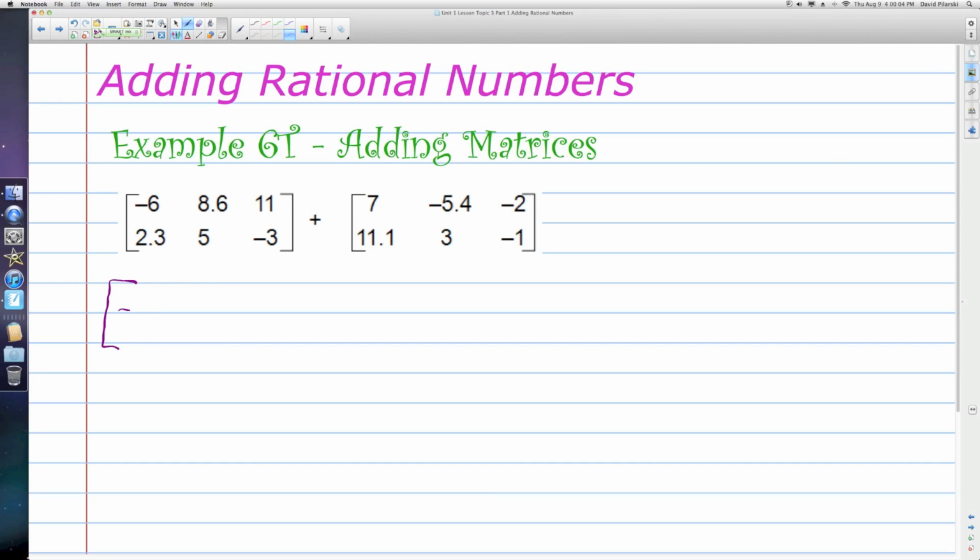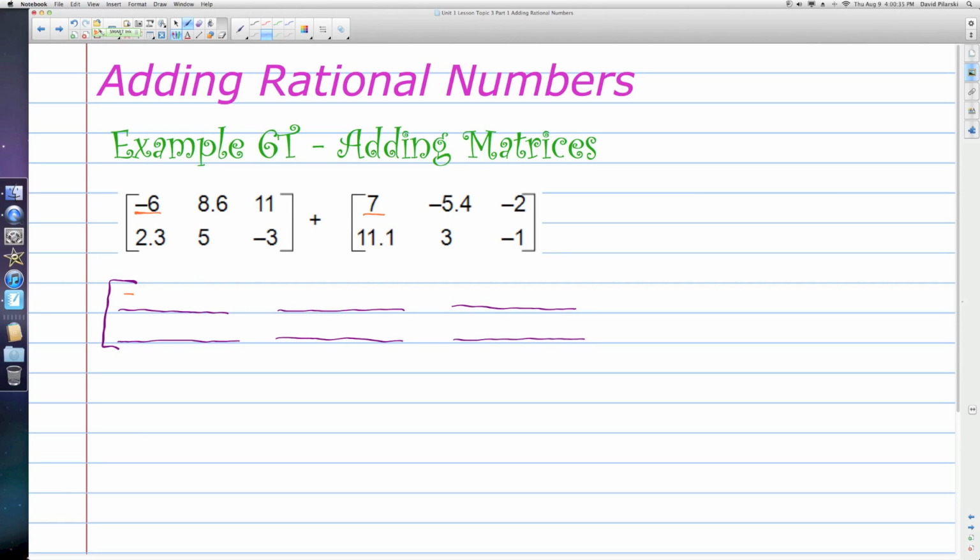Now, each one of these lines represents an element in my answer matrix, and I'm going to show the work here. This is a step you may or may not have to show. I found quite a bit of success with an Algebra 2 student when he was learning about matrices to use this method to organize it. It's going to be 2 rows by 3 columns. So what we have to do is add each one of these piece by piece. Here I have to add negative 6 to 7, right here on the upper left-hand side.